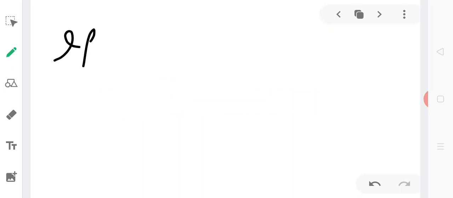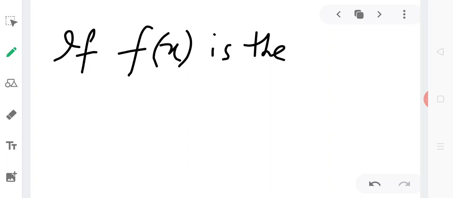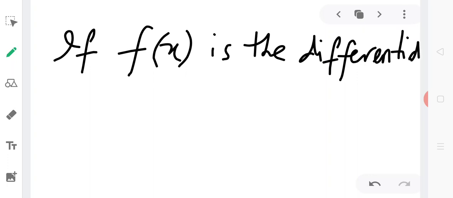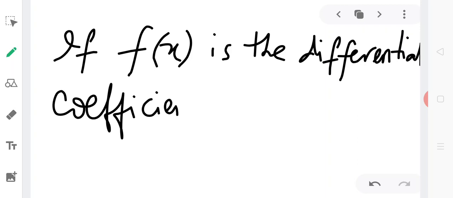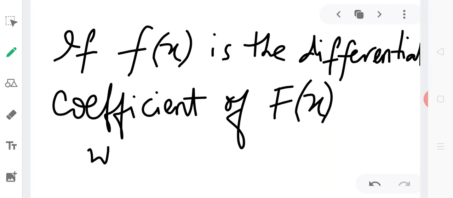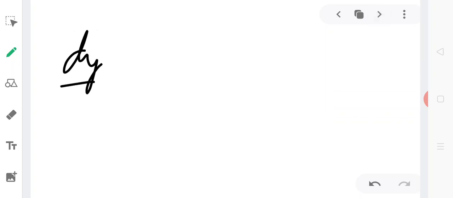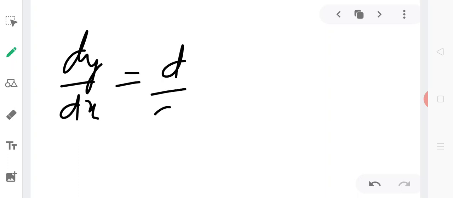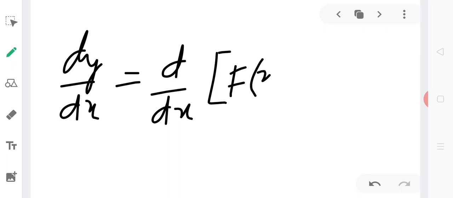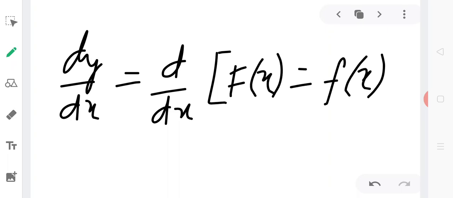If f(x) is the differential coefficient of a function y with respect to x, then we can write dy by dx equal to, obviously, the differentiation of this function, and as per our assumption, it is represented by f(x).